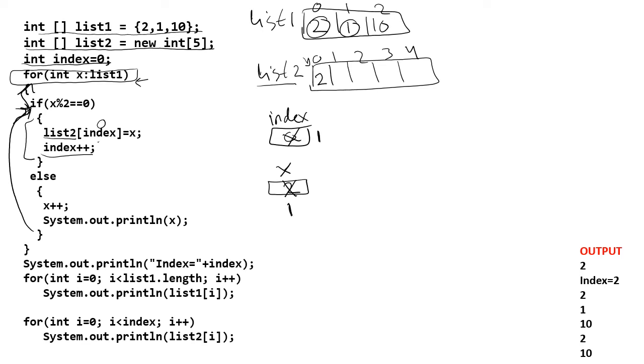Now you have to check the if condition. Go to the value of x. Is it even? It's not. So I will go to the else. Within the else, it says increment x. So I will have to go to this x and increment it, and I will have the value as 2. Remember, this x is outside the array, so you don't increment the element inside the array.